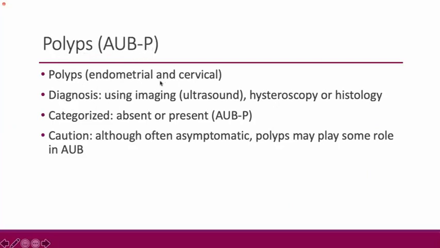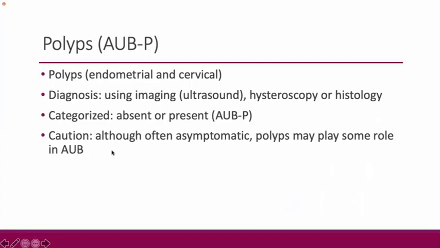Polyps can be either endometrial polyps or cervical polyps. Usually we can diagnose them by ultrasound scan, hysteroscopy, histology, or even a simple speculum examination, and we record them as either absent or present, 0 or 1.